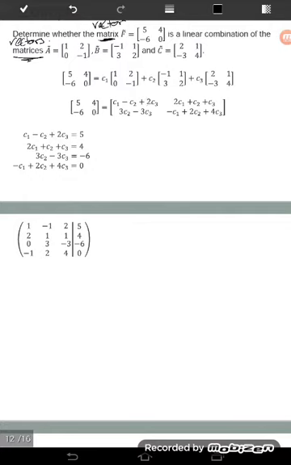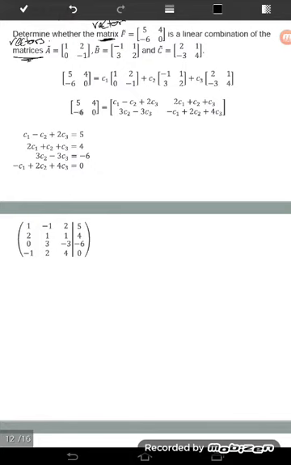For the second element, 2C1 plus 1C2 plus 1C3. Then the third one, 0C1, so 0, not there, and then 3C2 plus negative 3C3. And then the fourth one, negative C1 plus 2C2 plus 4C3.